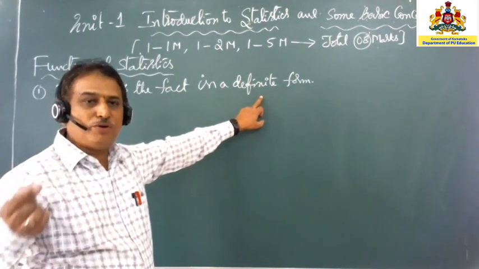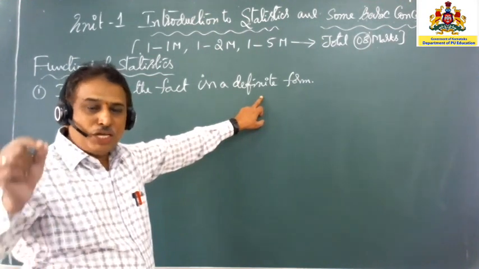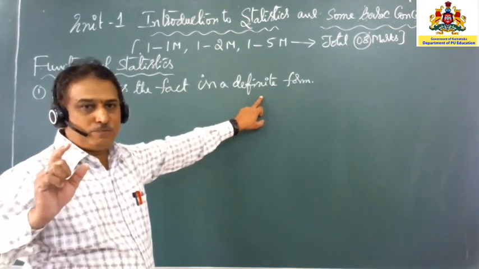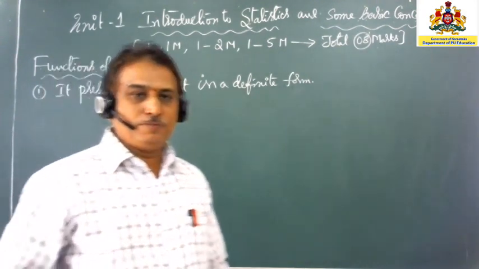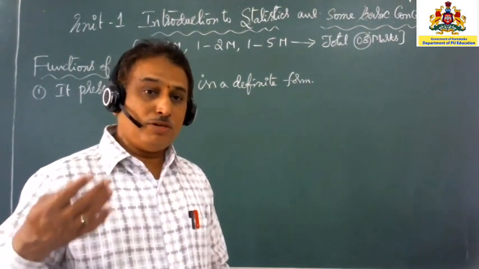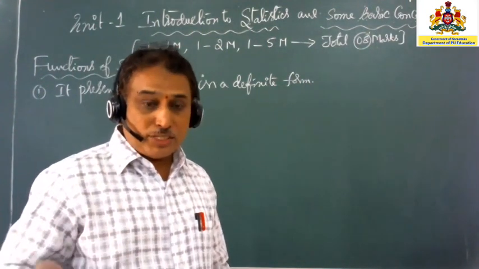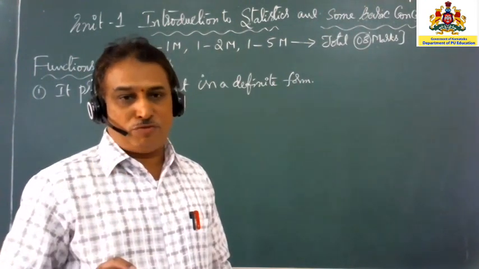That means we have to present the information in terms of the numerical only. Suppose if I ask a question, how many marks did you score in the SLC examination? If the student says, sir, I scored distinction, I scored first class, here they are not expressing in a definite form.